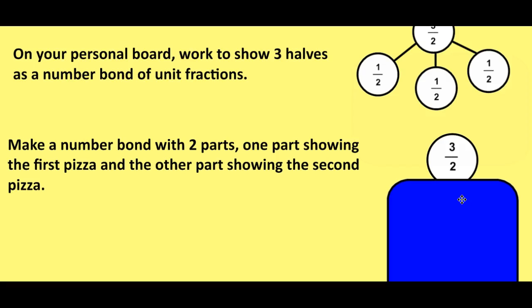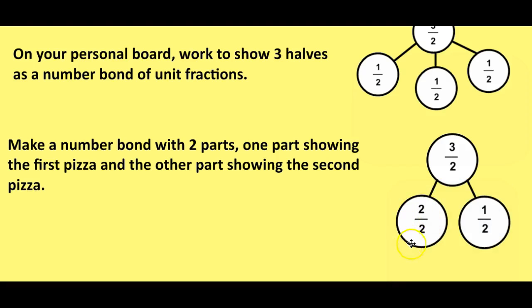First part's going to show how much of the first pizza, and the second part of the number bond is how much of the second pizza that I ate. So go ahead and put that on your board. So one part's going to have 2/2 because that's what I ate out of the first pizza, and the second part is going to be 1/2 because that's how much I ate out of the second pizza.